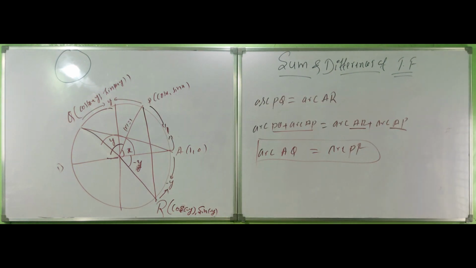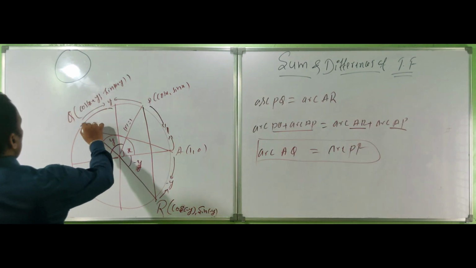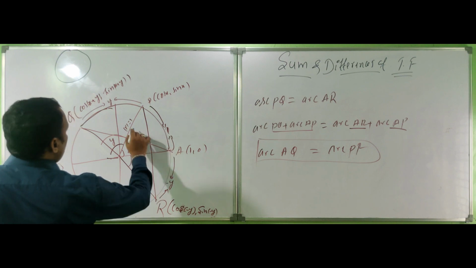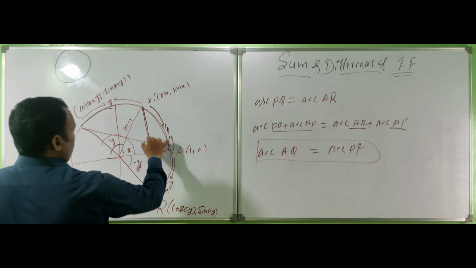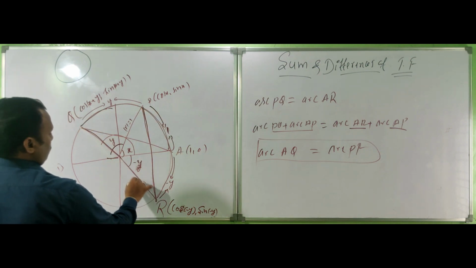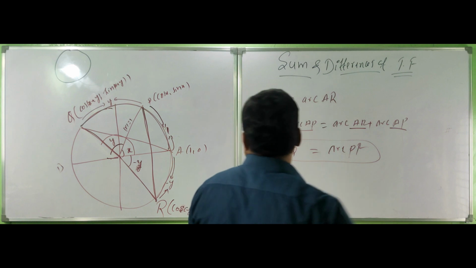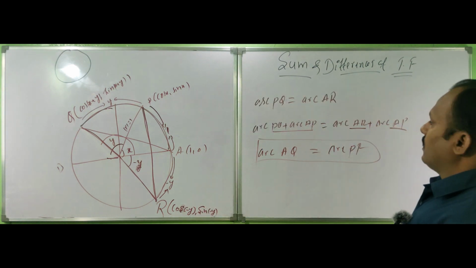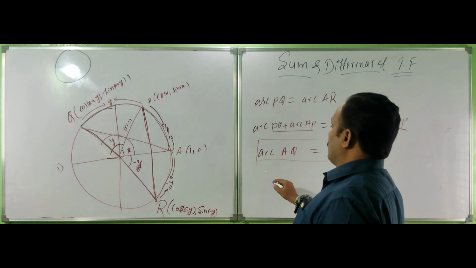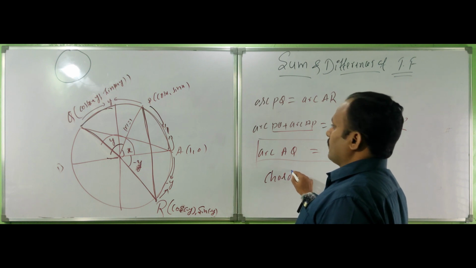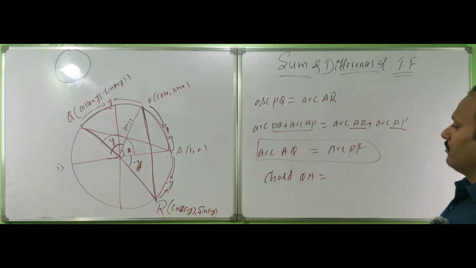This arc AQ and arc PR are similar. Therefore, chord PR and chord QA are similar. Chord QA is equal to chord PR.